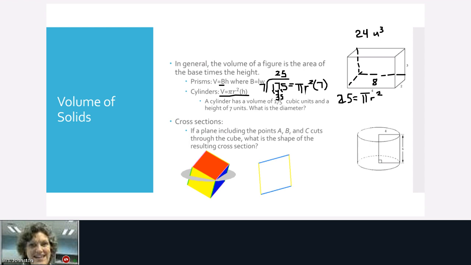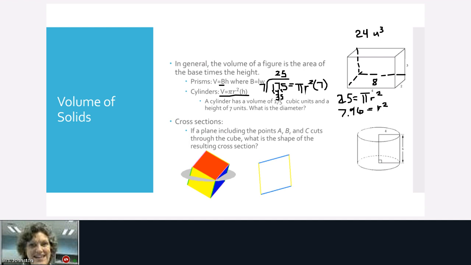I usually have it right here, but my screen is being taken up by something else. So 25 divided by 3.14 gives me approximately 7.96, and that's going to equal r squared.